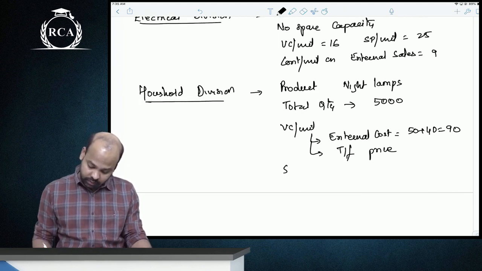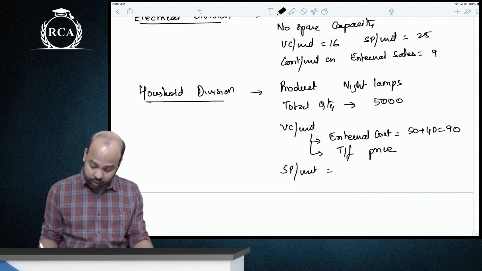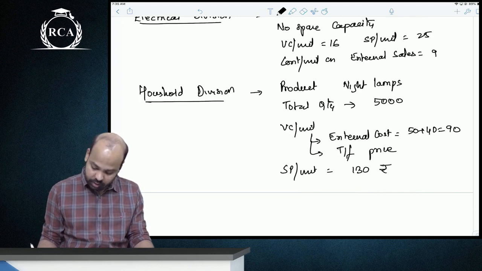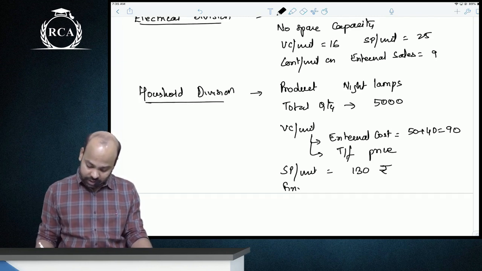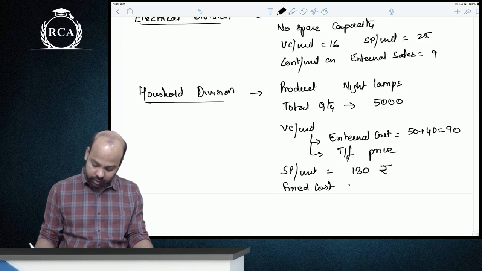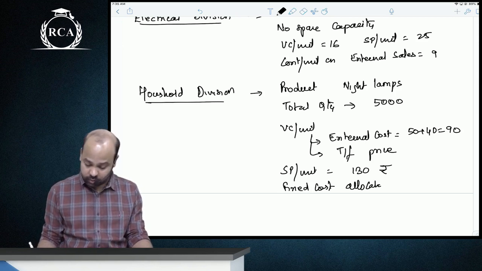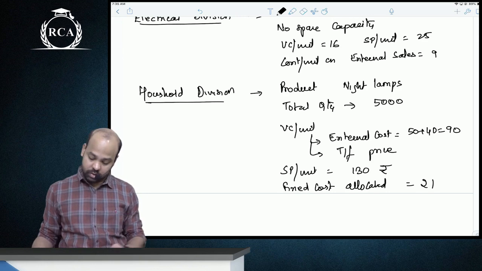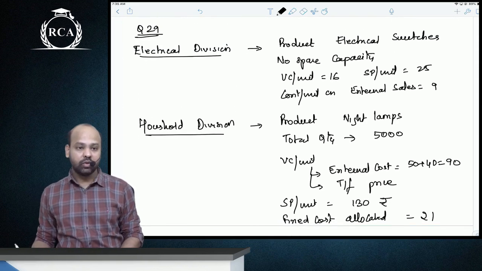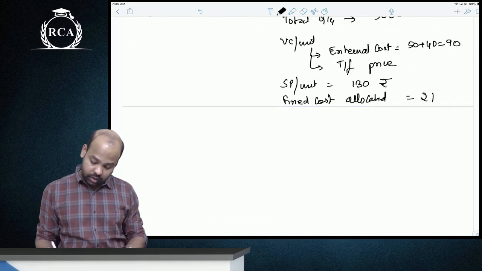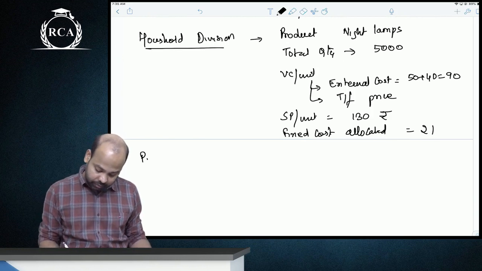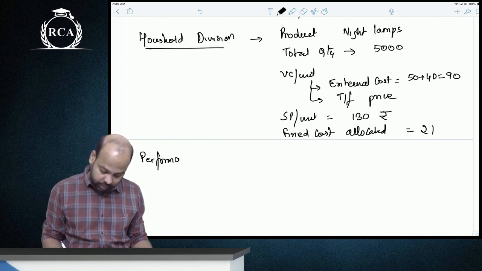The selling price per unit is going to be 130 rupees. Fixed cost allocated is 21 rupees. This is the information for household division. And also let us not forget the fact that performance is evaluated based on ROI, return on investment.